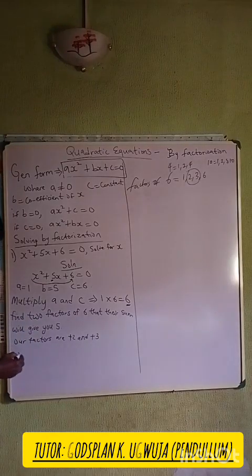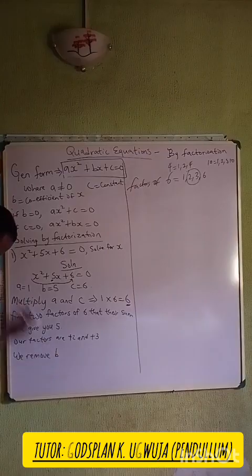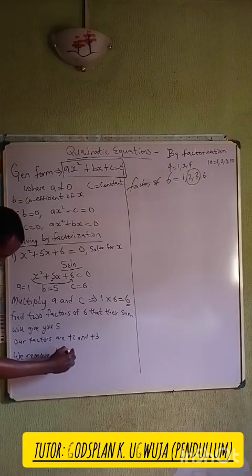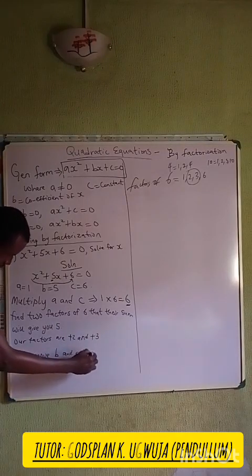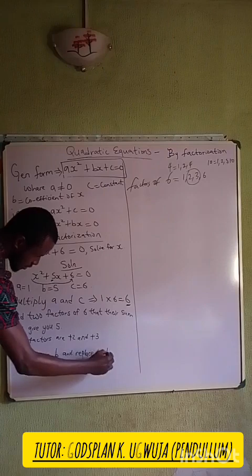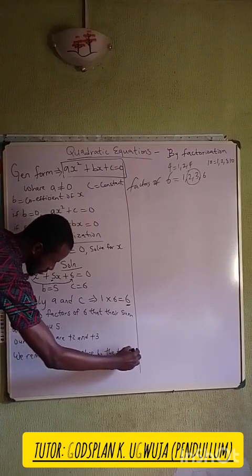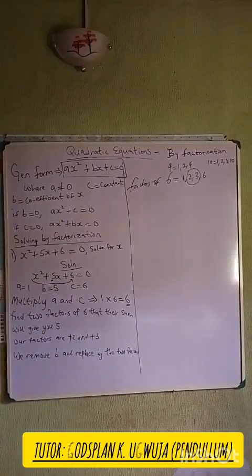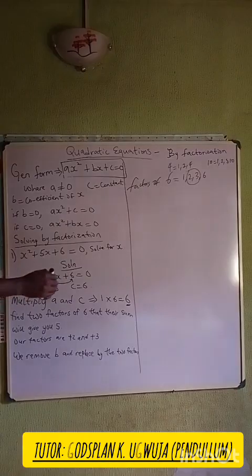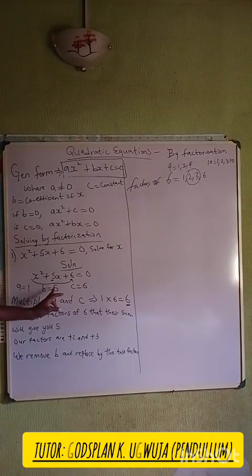So we remove B and replace it by the 2 factors. Please remember these steps. We remove B. Now we have found 2 factors of the product of A and C that will give you B, right?